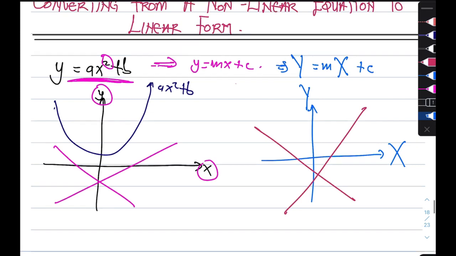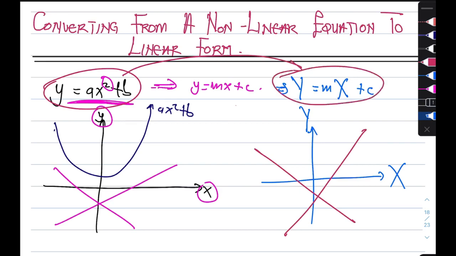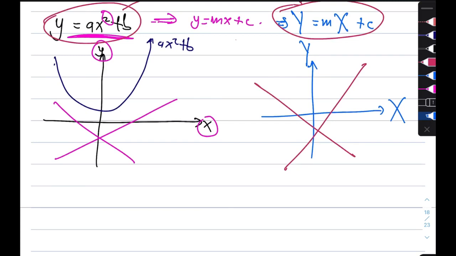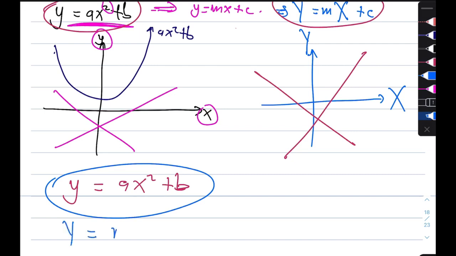So the real question is, how do we move from this stage, okay, to that particular stage? Now all that you have to do is to ensure that if we are given y equals ax squared plus b, is to just change the axis, okay? So if we are changing the axis, then we can say that, well, we want to convert what we have here in the form y is equal to some mx plus c.